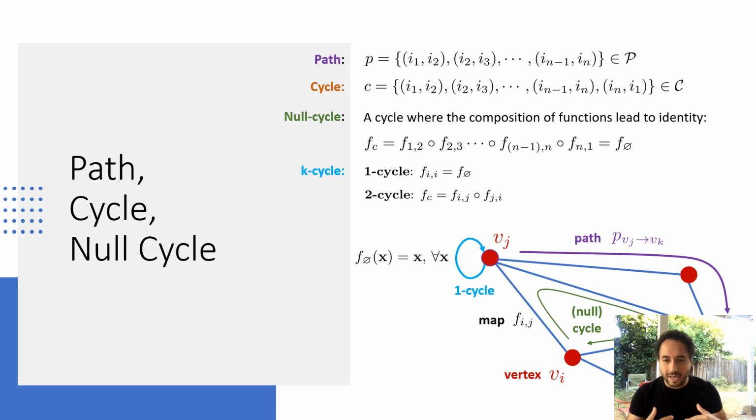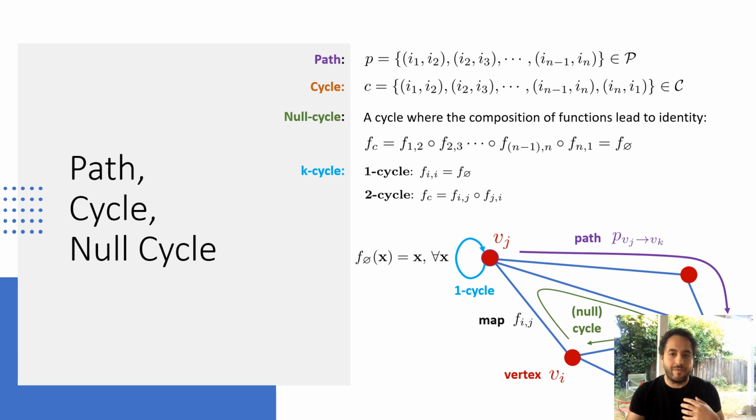And what we call a cycle is when the path goes back to the vertex that it started from. Here in this scenario, we are simply adding back the original I1 into the list of vertices that we traverse. And we will call a null cycle a cycle along which I chain the transformations and arrive at the identity.